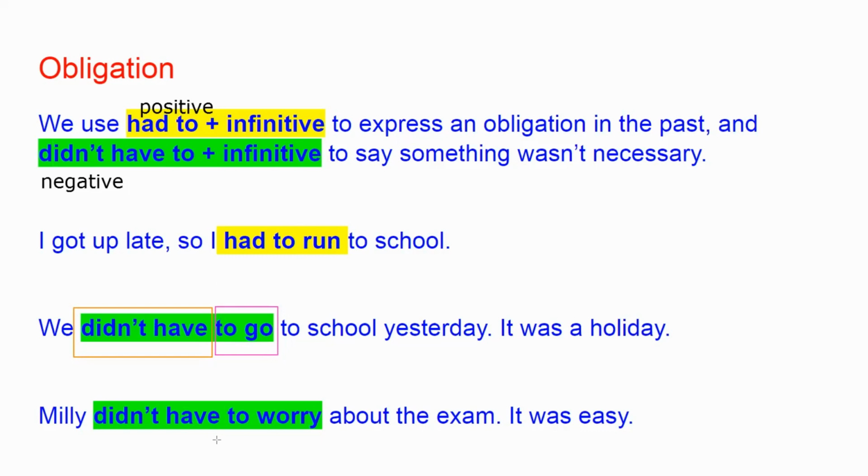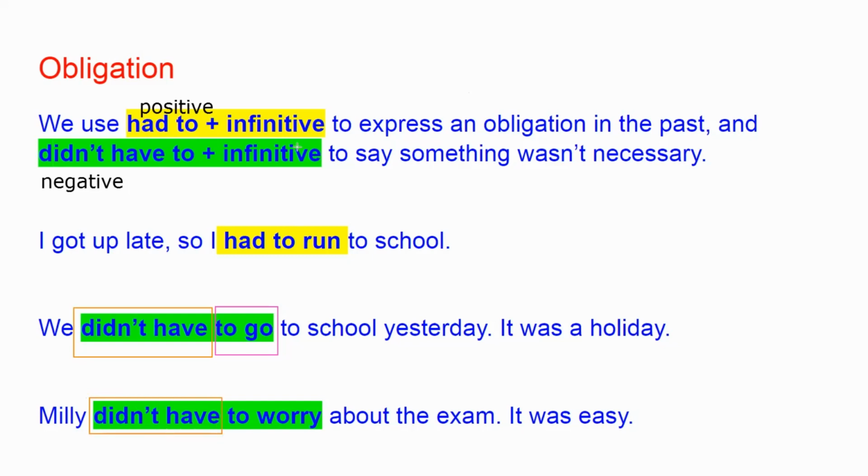Now, let's look at the next one. Miley didn't have to worry about the exam. It was easy. So, what is it saying? That Miley se estresó tanto por el examen que estaba demasiado fácil. So, we're talking about que no era nada necesario estresarse. So, for start, we have didn't have, all right?